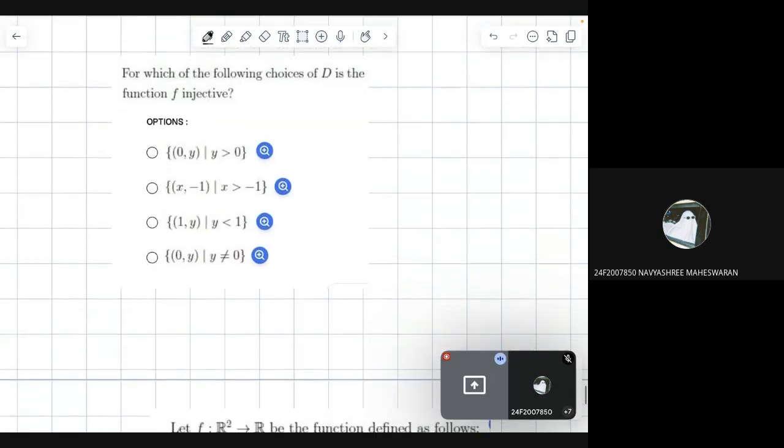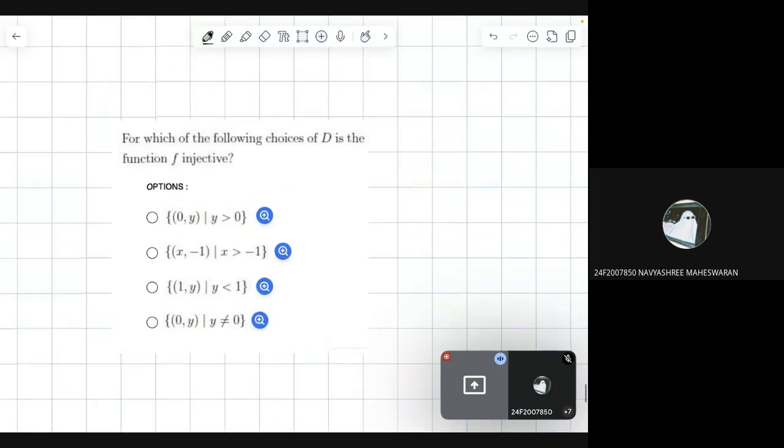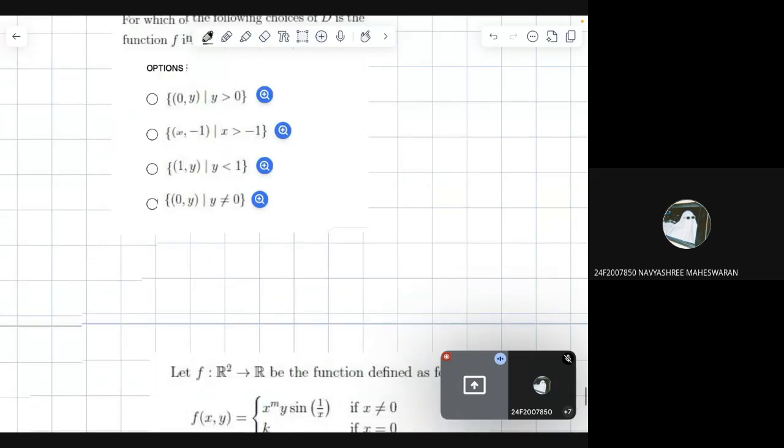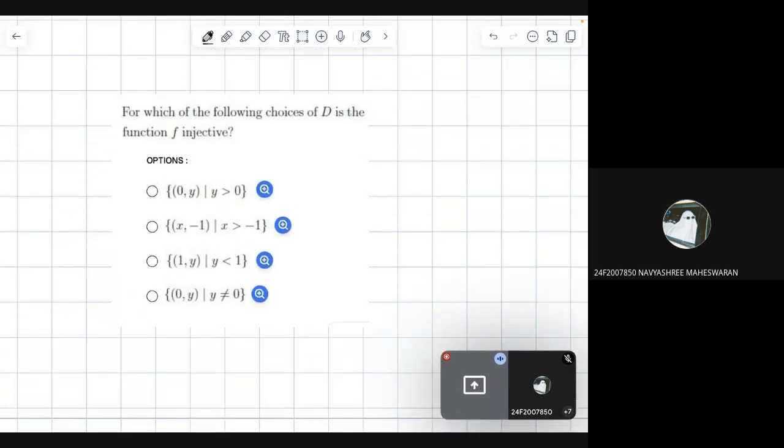Next we have the question: for which of the following choices of D is the function f injective? So injective is the condition. I'll break it down for single valued and then for multi-valued. What is injective? When we have a function, f(x1) equal to f(x2) implies x1 equal to x2.